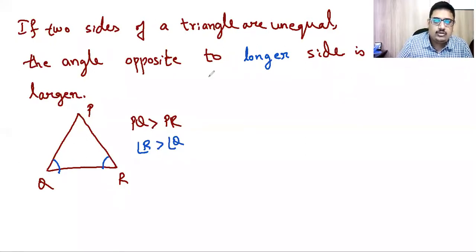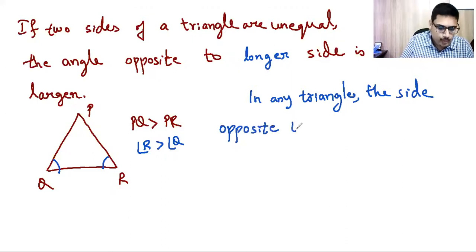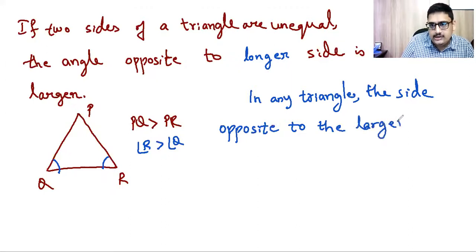So if I have to write the counter theorem for this, I'll say: in any triangle, the side opposite to the larger angle is longer.